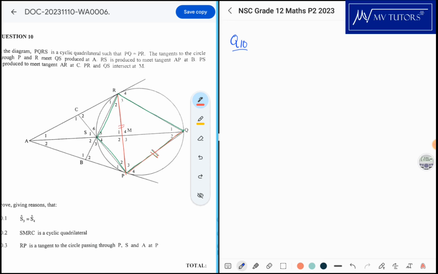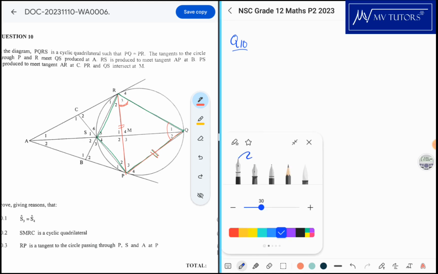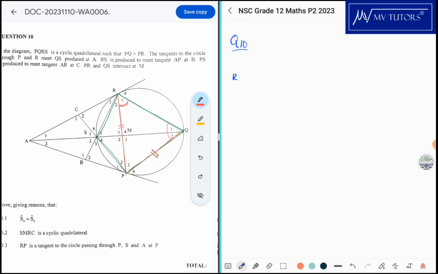So if PQ is equal to PR, it means that R3 is equal to Q1 and Q2. That's something I can write for myself. I don't know where I'm going to need this, but R3 is equal to Q1 plus Q2. Or instead I could say it's equal to RQP. So R3 is equal to RQP.